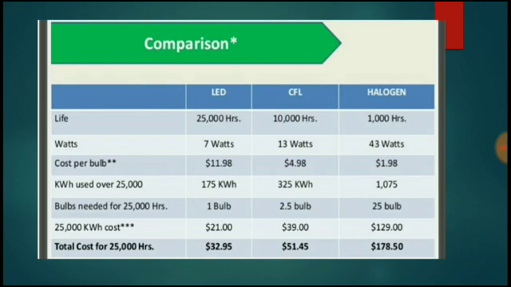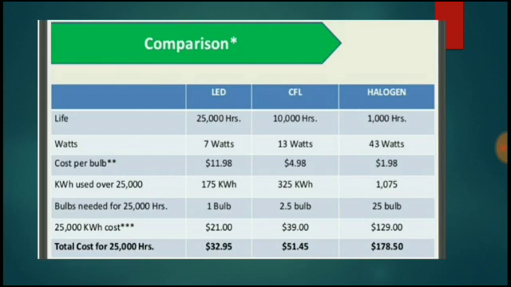Cost per bulb in dollars: LED $11, CFL $4, halogen $1. Kilowatt hours used over 25,000 hours: LED 175, CFL 325, and halogen 1075.